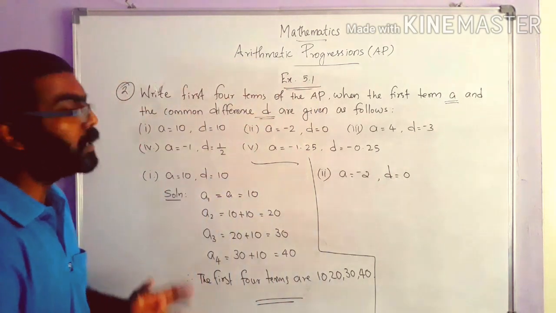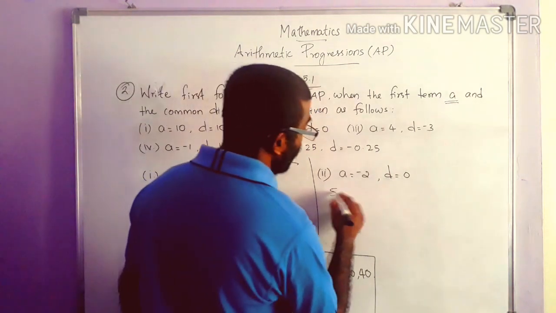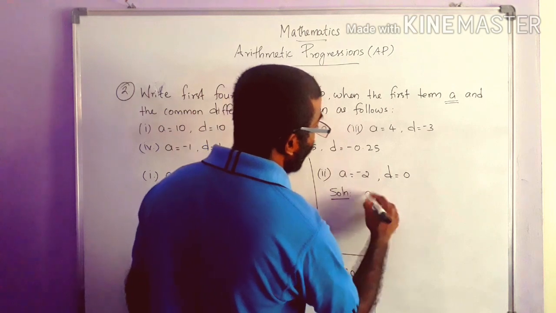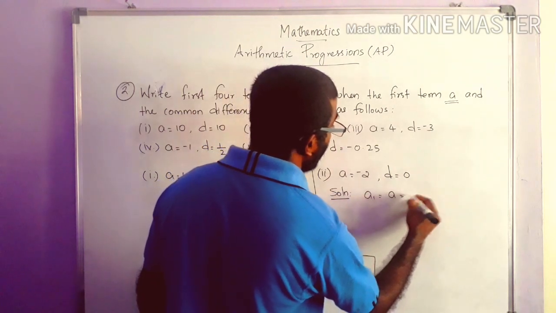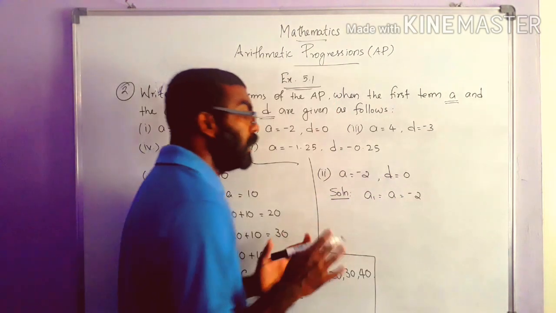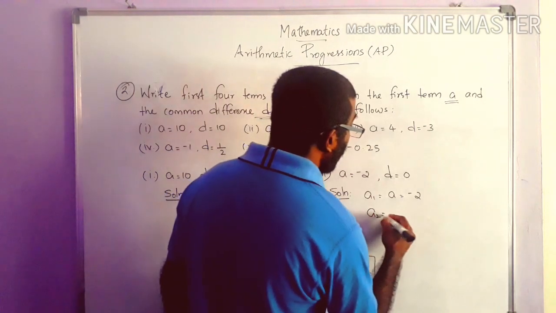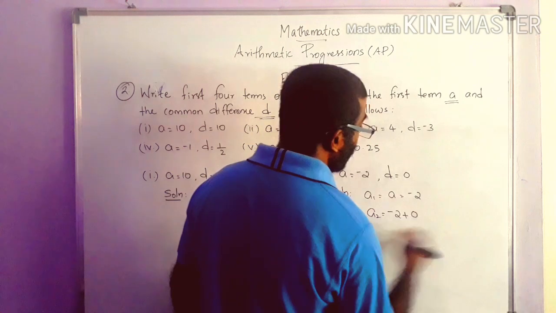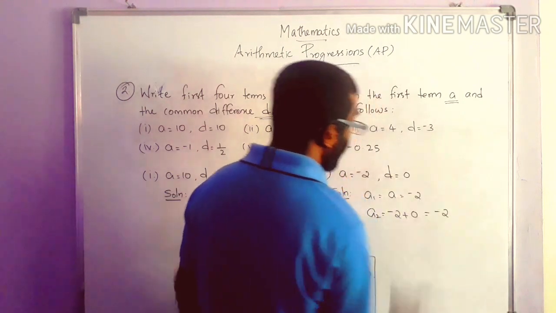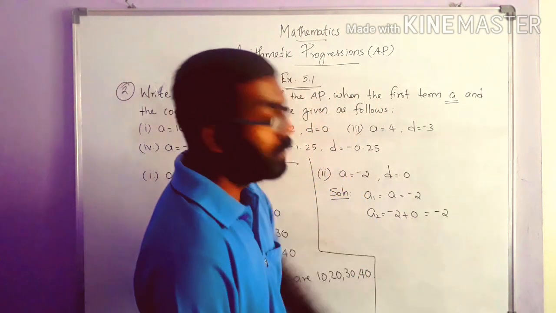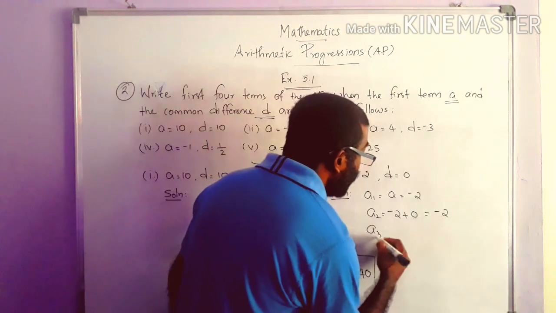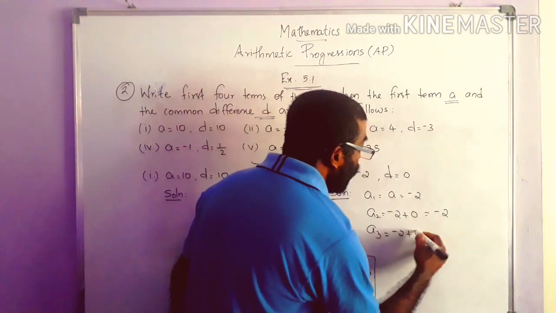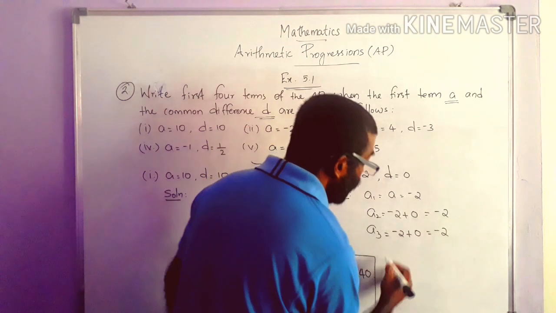Here also we follow the same procedure. First term A1 is equal to A, which is equal to minus 2, and the second term A2 is equal to A plus D, that is minus 2 plus 0, first term plus common difference, which is equal to minus 2 since common difference is 0. And A3 is minus 2 plus 0, again minus 2.